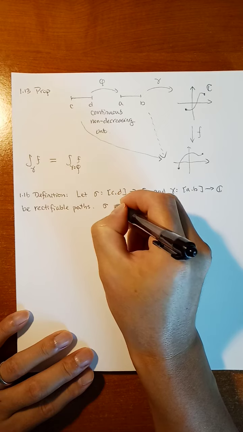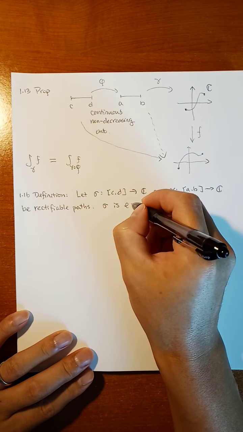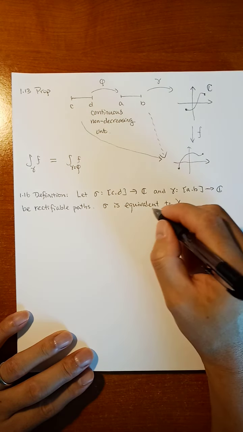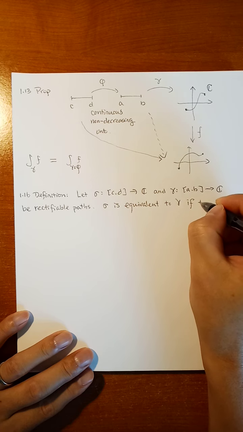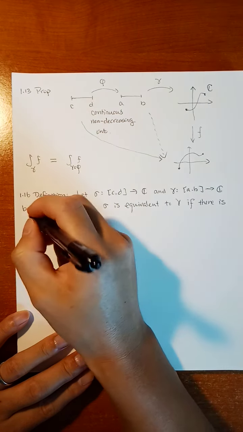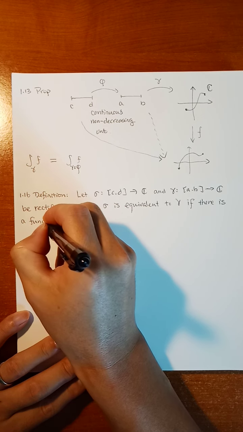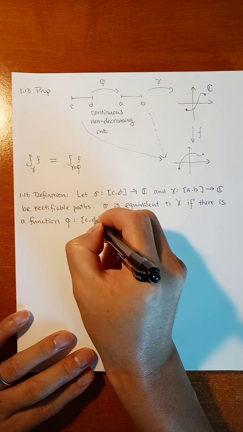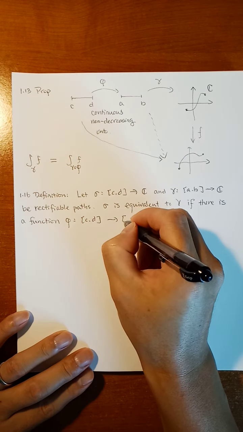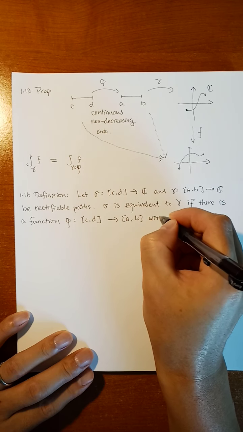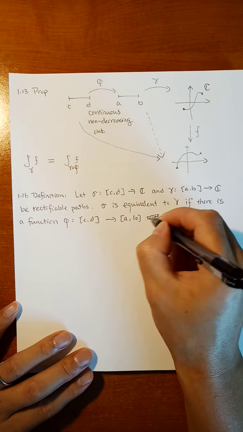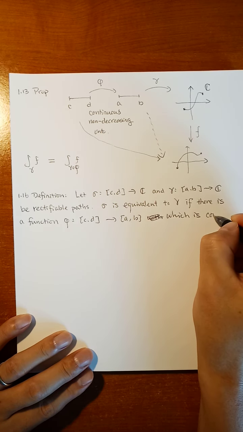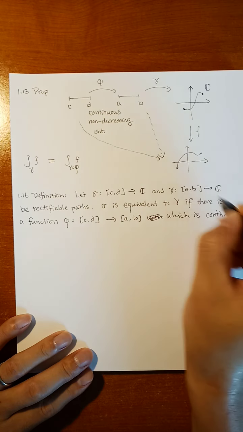Then we say sigma is equivalent to gamma if there is a function phi from CD to AB which is continuous. That's the first condition.